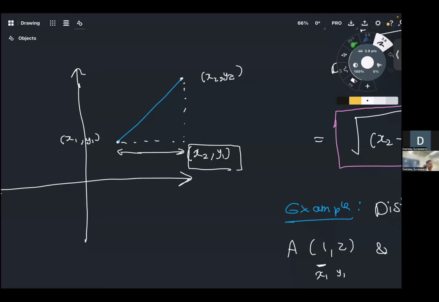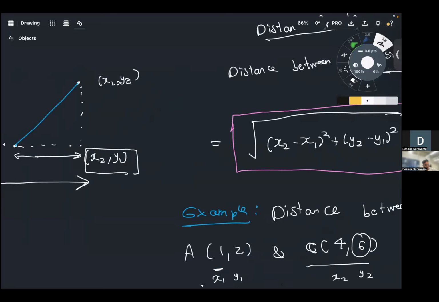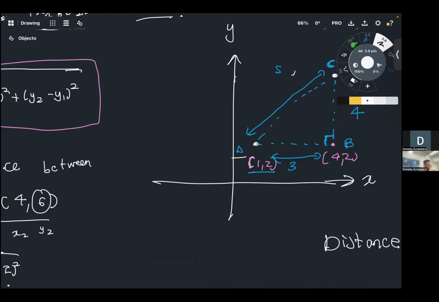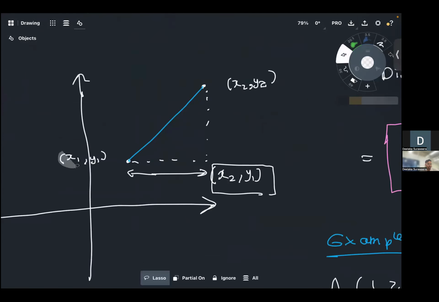In terms of the coordinates, with general coordinates, this is the x coordinate, x2 here, and x1 is the x coordinate here.